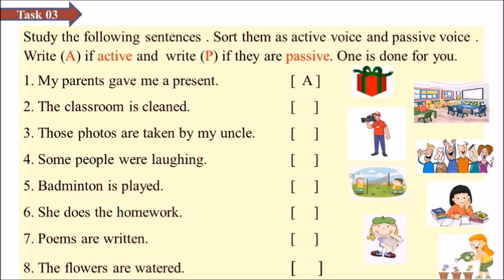My parents gave me a present. Number 2. The classroom is cleaned. Number 3. Those photos are taken by my uncle. Number 4. Some people were laughing. Number 5. Badminton is played.